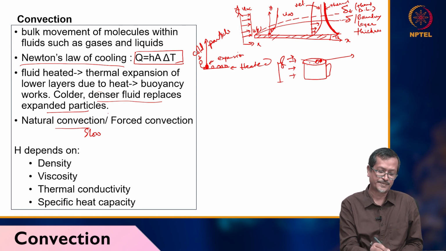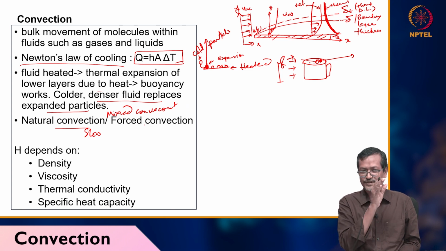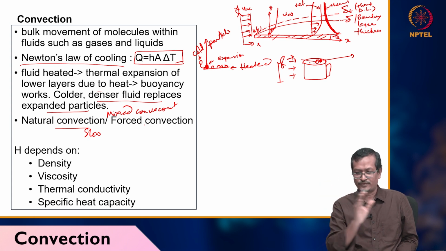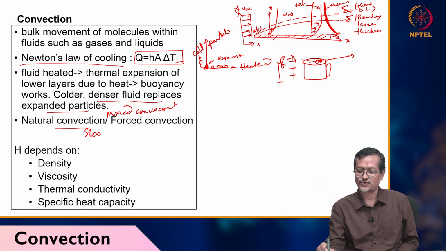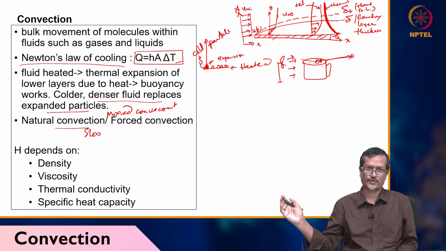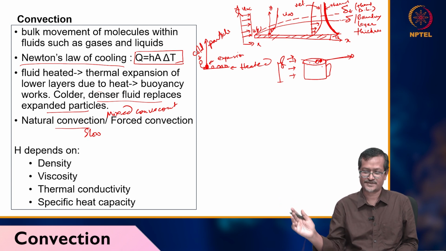Another term that is used is mixed convection. Natural convection means there is no air blow, and the particle moves slowly. In forced convection, you are forcing the particle to go in an almost horizontal direction, away from my water, tea, or coffee surface.